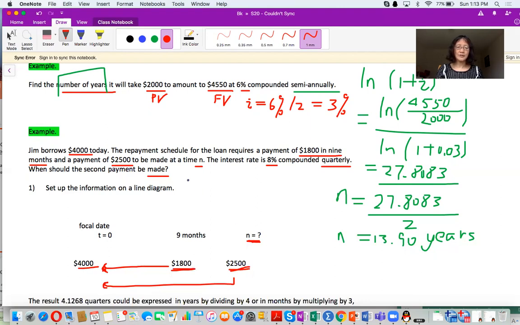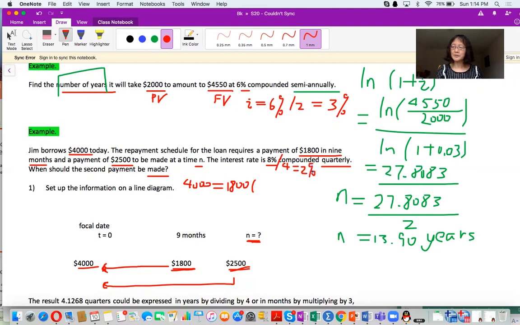I'll write down the solution here. So this present value 4,000 should be the same as the present value of 1,800. The present value is 1,800 times interest rate 8% compounded quarterly. So 8 divided by 4, I equal to 2%.